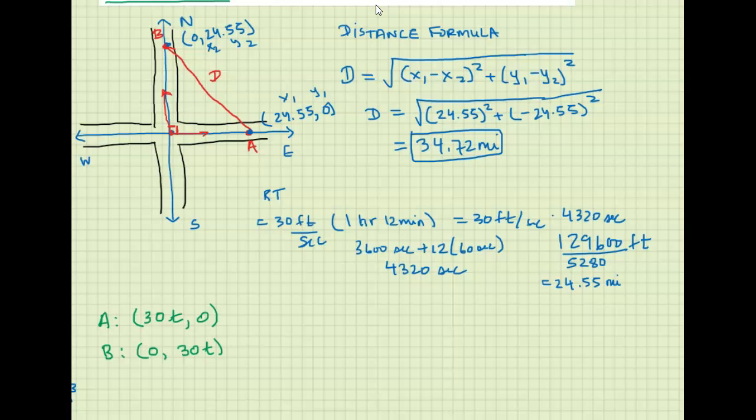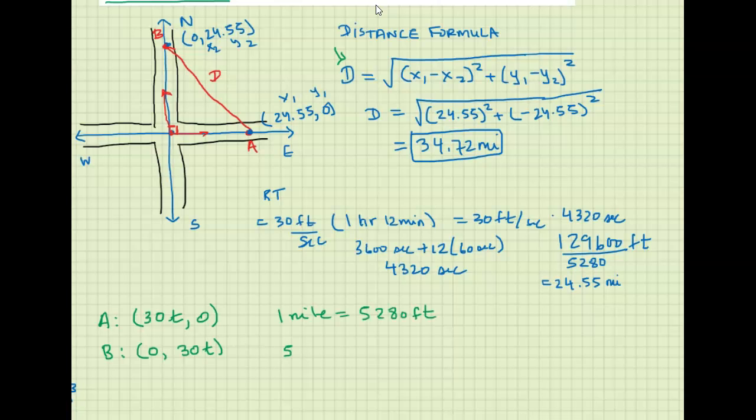These parametric equations are really handy. So again using our distance formula, we want the distance to be 1 mile. Let's put things in feet because this is 30 feet per second. So 1 mile equals 5,280 feet.